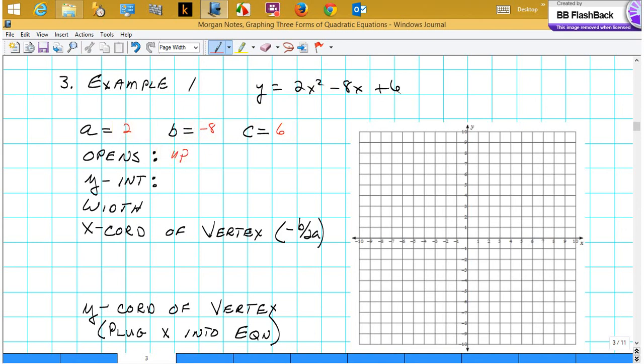The y-intercept, remember, would be c, because if I put 0 in for x, that would give me y equal to 6, and the y-intercept occurs where x is equal to 0, so the y-intercept is 6. Now look at the value of a. This is a number that's greater than 1. It's not a fraction, so that will be stretching this parabola in the y direction, vertically, and so it's going to get narrower.